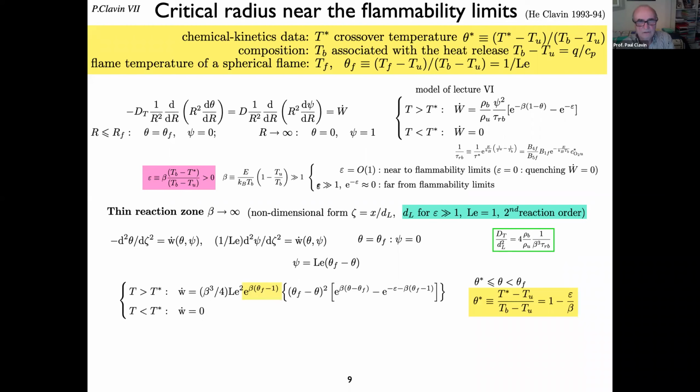Okay, so here are the details, but you can skip this detail. Simply keep in mind that the reduced crossover temperature here is in fact related directly to this small epsilon term. So this theta star and epsilon are equivalent in the sense they are related linearly by this simple relation here.